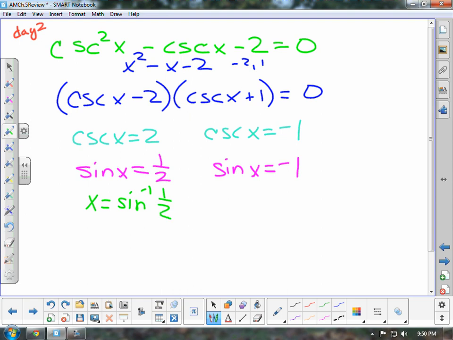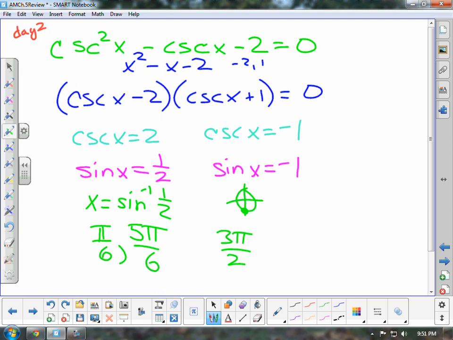That would be at pi over 6 and 5 pi over 6. And where is sine a negative 1? Well, let's see. That is going to be right there, which is 3 pi over 2. And there we have solved that equation.